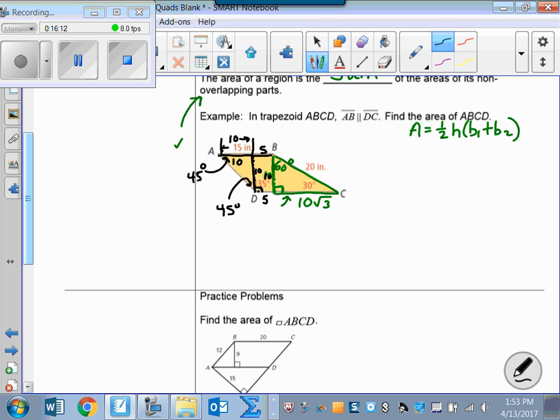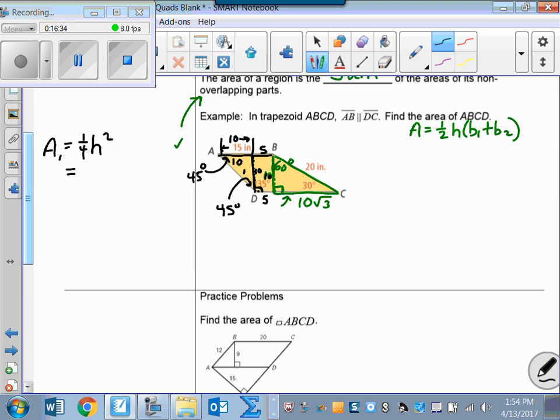I'll start with the little black triangle on the left. I'll call this figure 1. And it is a right isosceles triangle, right? So what's the formula for finding the area of a right isosceles triangle? It is 1/4 times the hypotenuse squared.